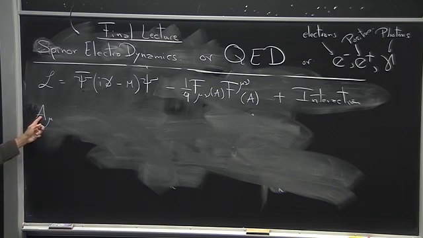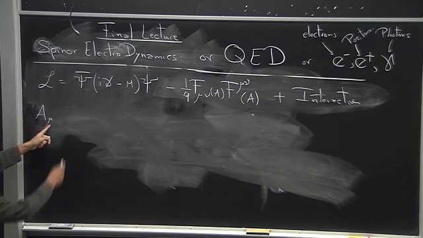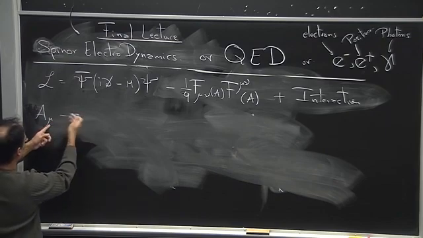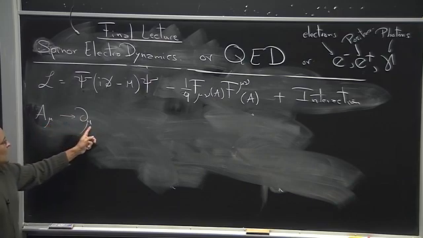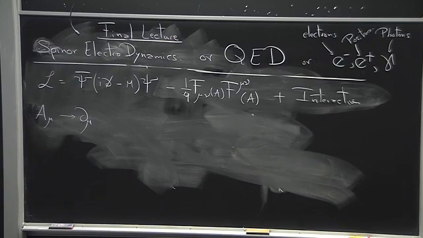So this object, of course, is a vector, or it has the same Lorentz transformations as the derivative operator. And we want to make something that is a Lorentz scalar.